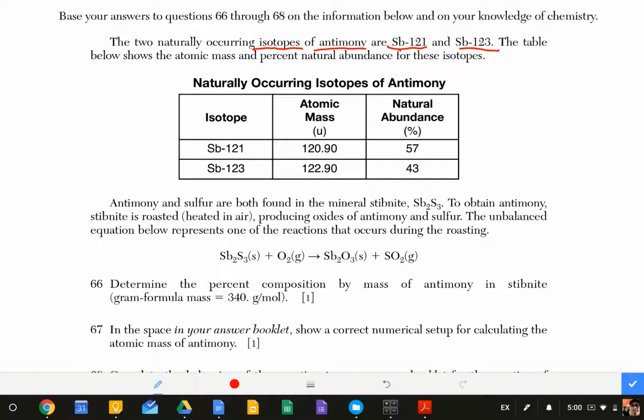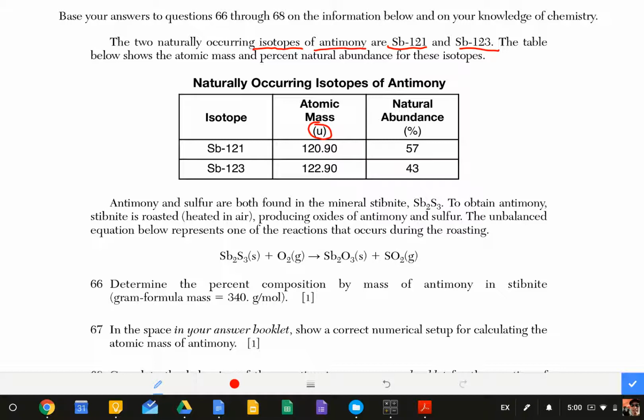You have isotope 121, and the real mass is 120.90, and the natural abundance is 57%. The other isotope, antimony with a mass of 123, the true mass in atomic mass units or universal mass units, which is why you have that little u symbol there, is 122.90, and that makes up about 43% of all the antimony atoms on Earth.